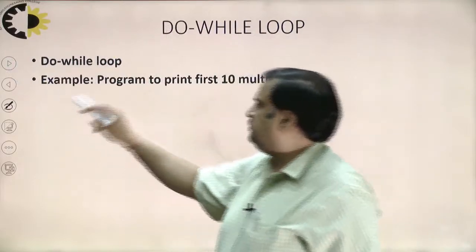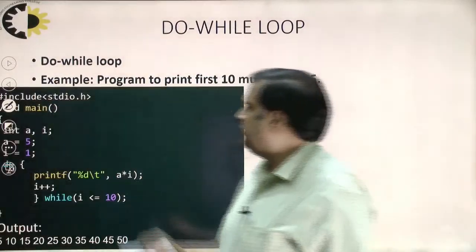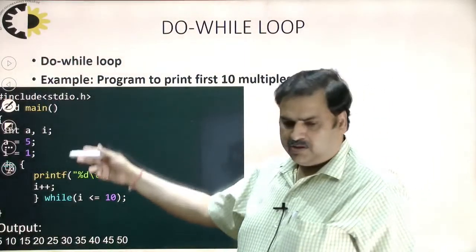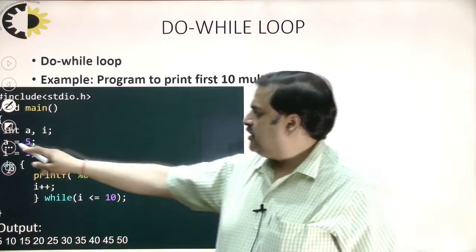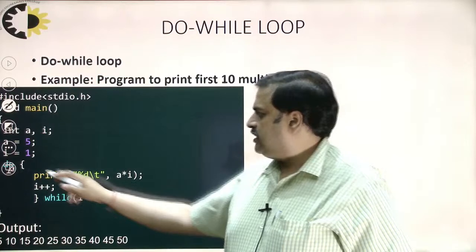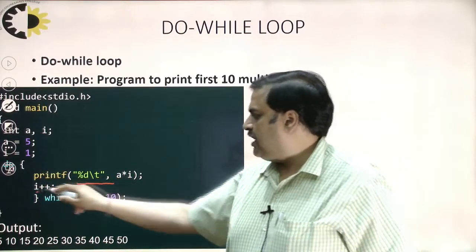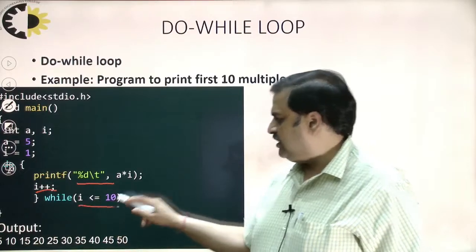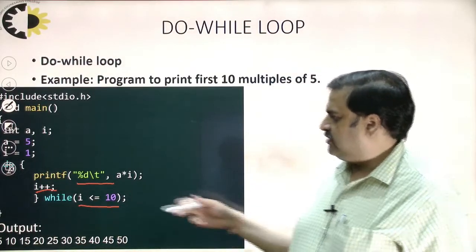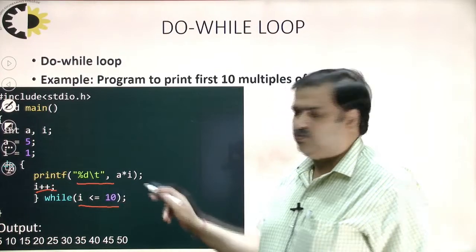So we can see one example for printing the first 10 multiples of a number. Here a is equal to 5 and I is equal to 1 we have initialized, and we print this number and perform I plus plus, and at last we check that we keep moving up while I is less than or equal to 10.